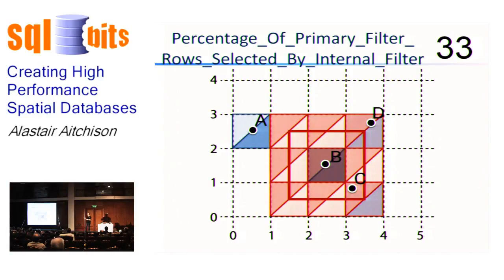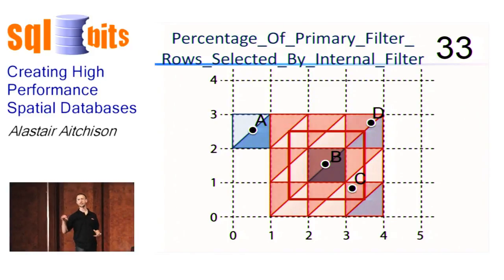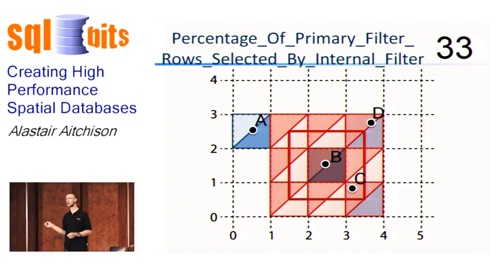There's no way it could partially lie in a square that was totally covered and not be included itself. So point B, we can pre-select based on the primary filter alone. Again, we don't have to call the secondary filter. So 33% of the rows selected by the primary filter can be included in the result set, and that's called the internal filter when we're able to do that.